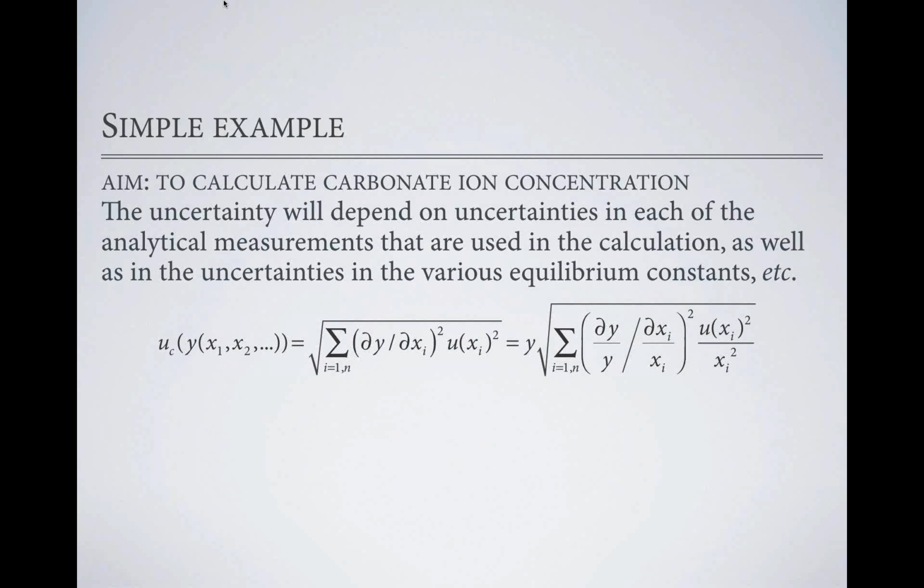So what are we summing here? We're summing a term that's a sensitivity factor, the dy/dx, and the uncertainty in x. We can express it that way, or we can express it in relative terms. That is, the relative change in y divided by the relative change in x multiplied by the relative uncertainty in x. And you have to weight this whole thing by y to make them come out the same.